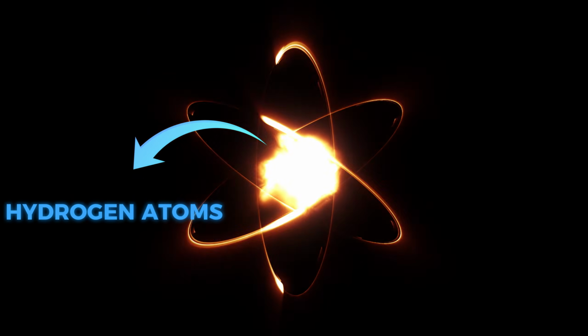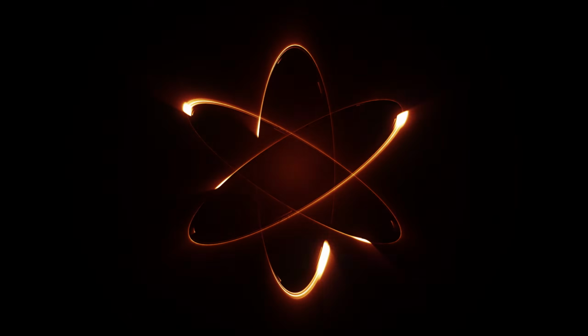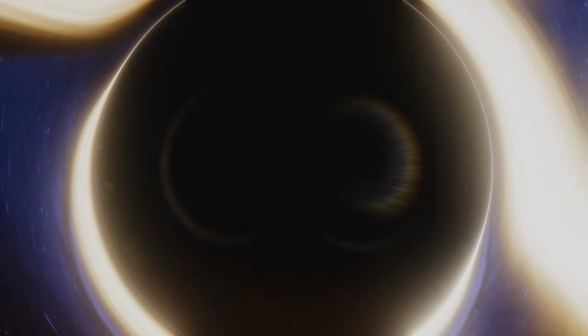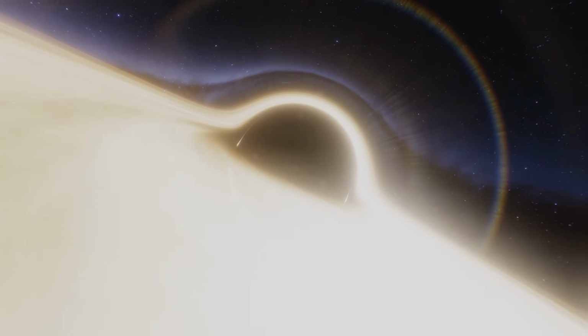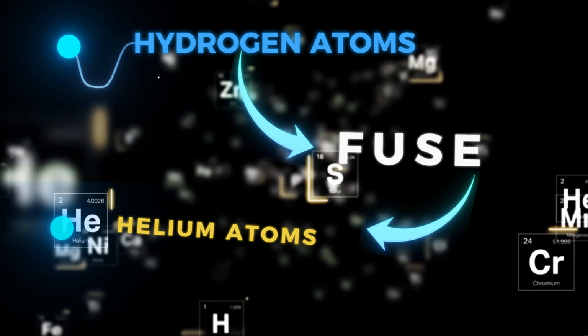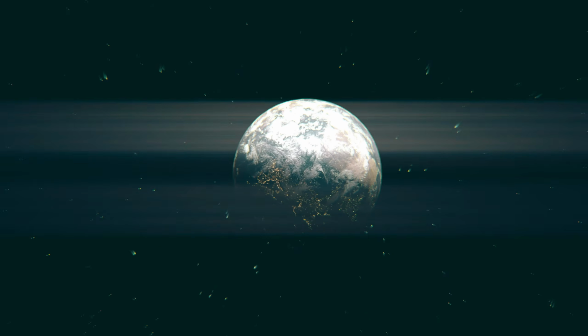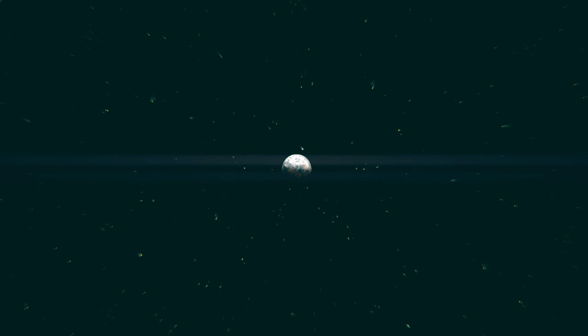If hydrogen atoms never fused, what would have happened? Without hydrogen fusion, stars could never have formed. As we know, stars are created only when hydrogen atoms fuse to form helium atoms. That means, in the early universe, stars should never have been created.